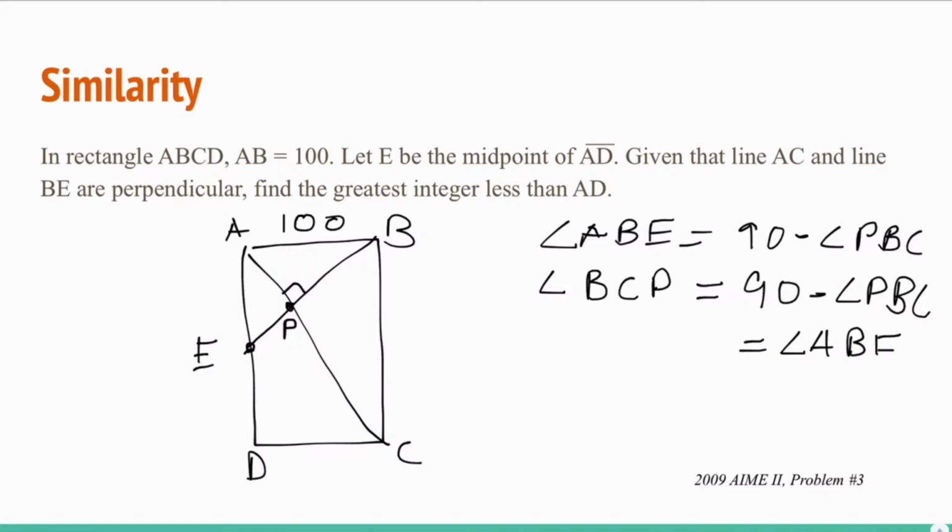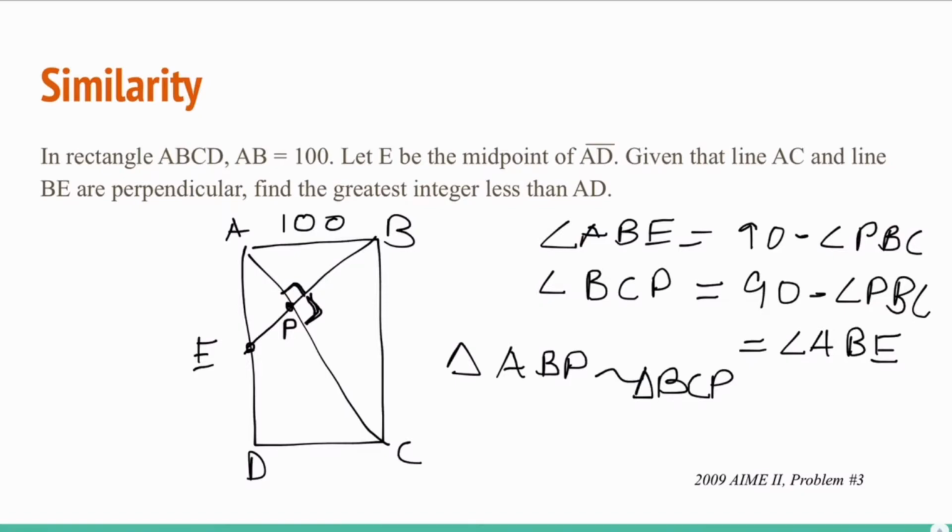And when I say equal to angle ABE, I mean the measure of angle ABE. And so there's a similar triangle there, since this is a right angle, and so is this. So we have that triangle ABP is similar to triangle BCP.